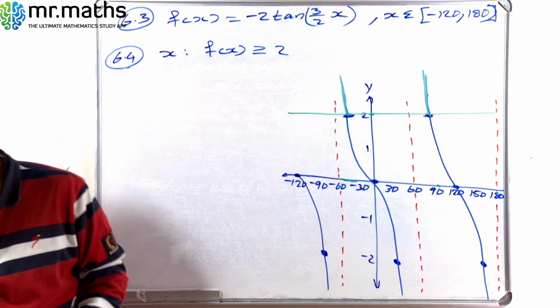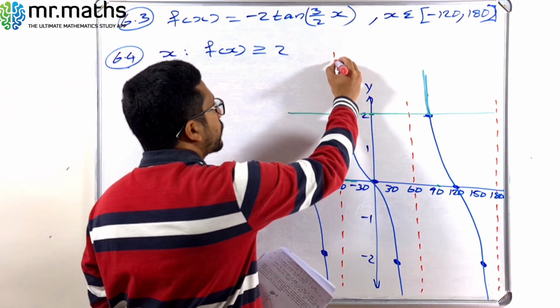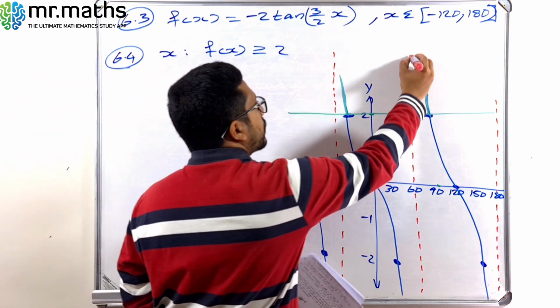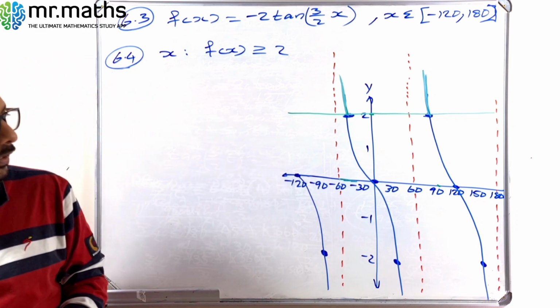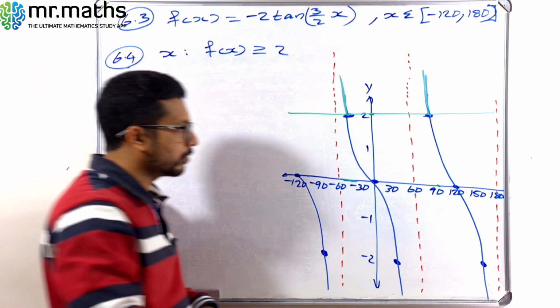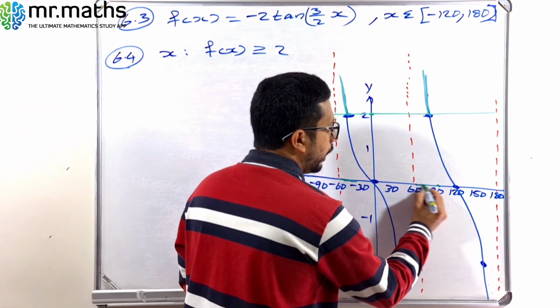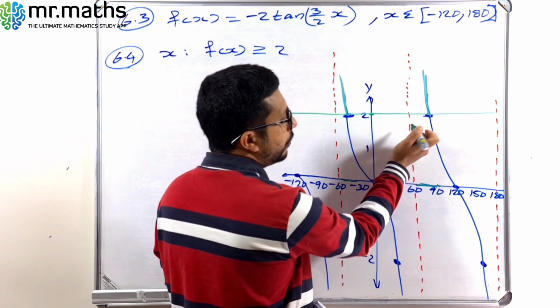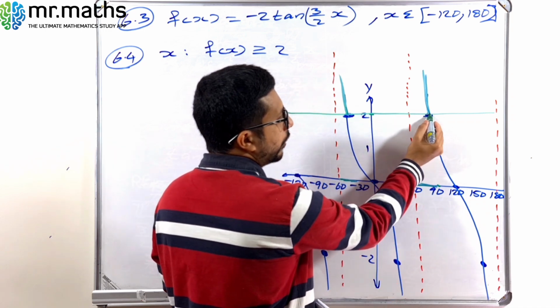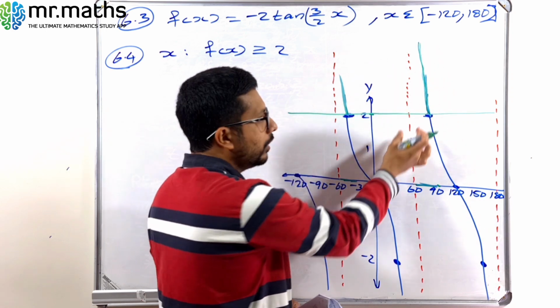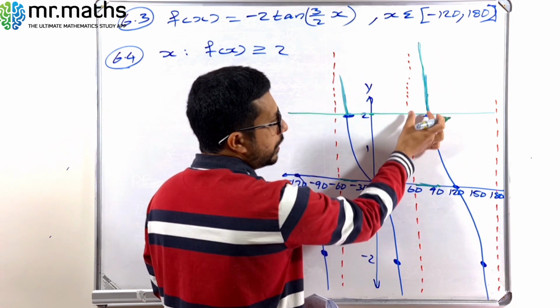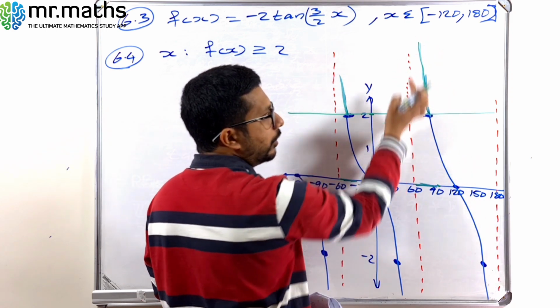So between 60 and 90, the graph is greater than 2.